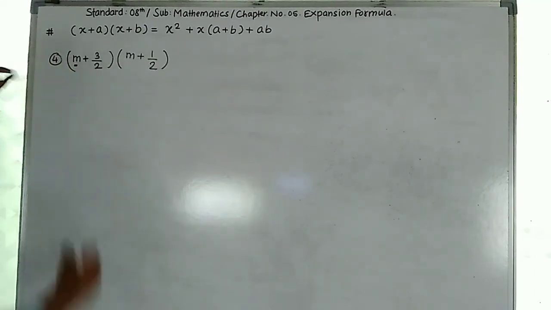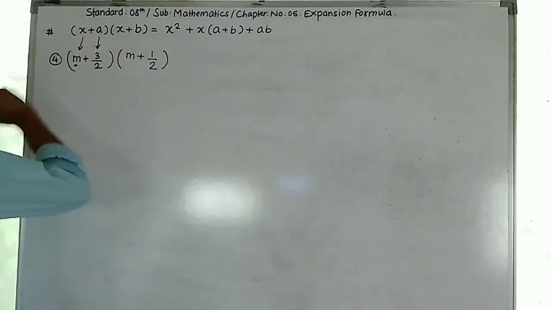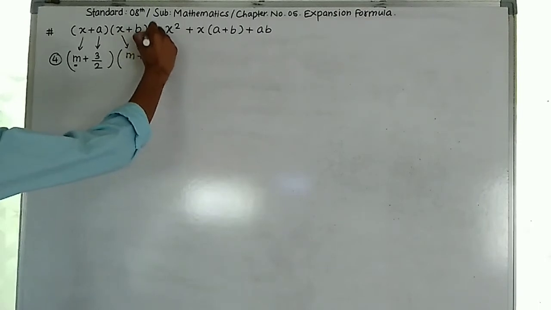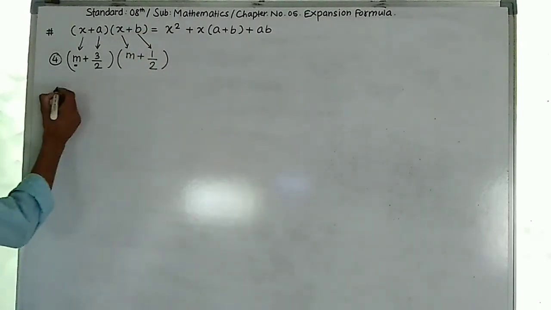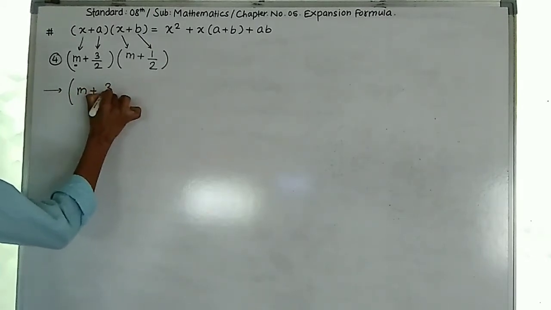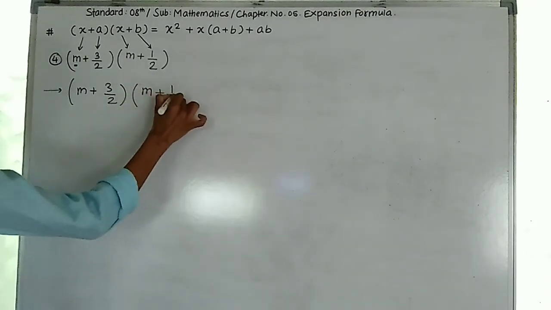So now I am going to take x equal to m, a is equal to 3 by 2, again x equal to m and b is equal to 1 by 2. Okay, now we can expand it. So it is (m+3/2)(m+1/2).